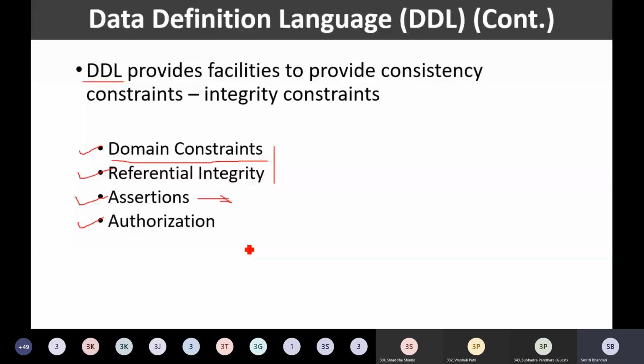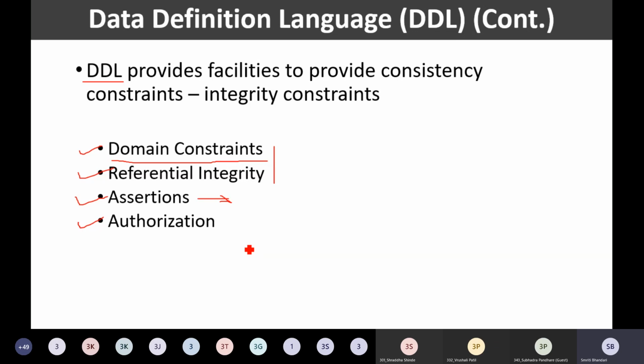So we have read authorization, insert authorization, update authorization, and delete authorization. Read authorization means we allow users to read the data, but they are not allowed to modify it. In case of insert authorization, the users are allowed to insert new data, but not to modify the existing data or delete it.